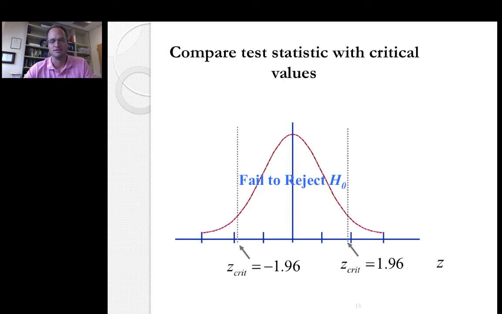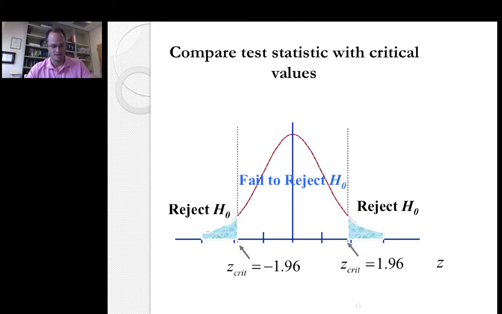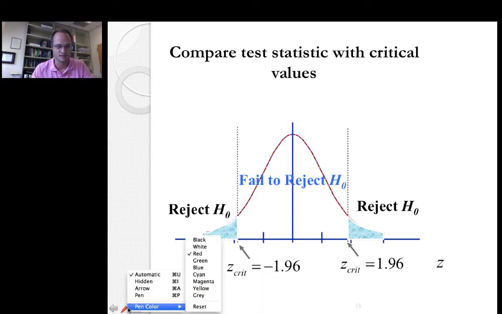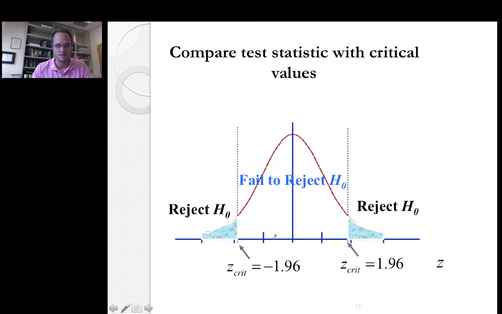All right, so negative 0.416. We have our critical Z values of 1.96, the fail to reject region, the rejection region, and negative 0.416 falls right here. That's my Z stat.